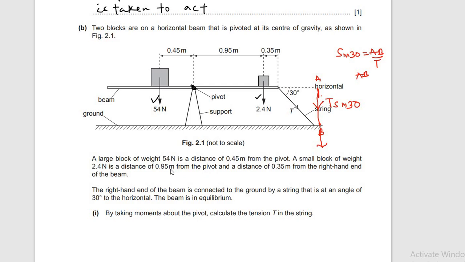Now it's been resolved, so we can calculate the value of T by taking the moment at the pivot. What is the meaning of taking the moment at the pivot? It means the forces act toward the pivot, using the principle that the summation of anti-clockwise moments must equal the summation of clockwise moments.